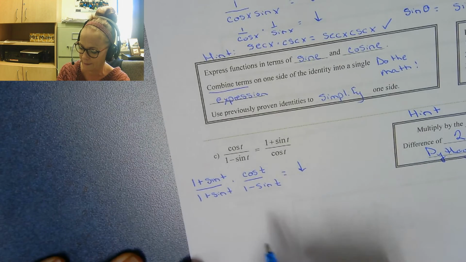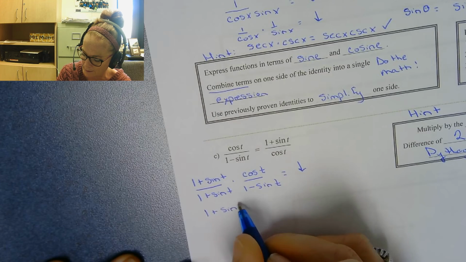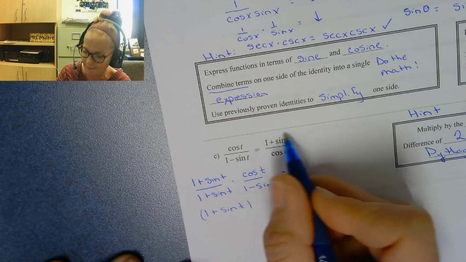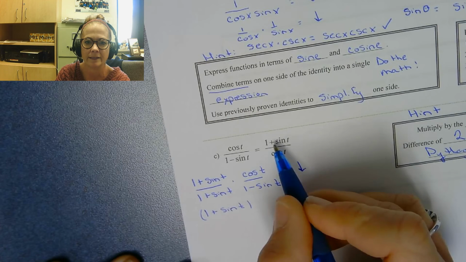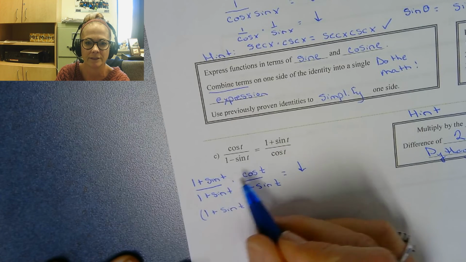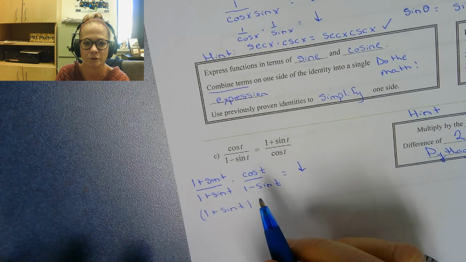All right, and let's see what happens. So up top, I'm just going to leave that alone for now because I like that 1 plus sine. I'm not going to distribute because I like that it's matching. Maybe I can leave that alone and make it match here. So I don't want to feel compelled to distribute just because we did it 1,000 times in middle school. I'm going to hold off there and not distribute.